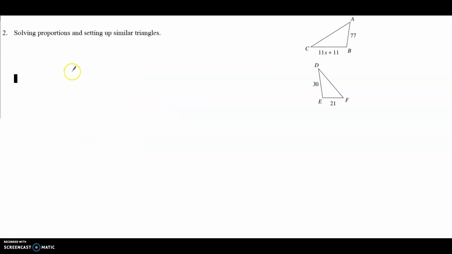And then for the second problem, we're going to solve proportions by setting up similar triangles. All right. So here, it looks like these 2 triangles aren't similar. We're going to assume that they're similar, and sometimes it might help if you just redraw them in the same orientation. So I'm going to take this smaller triangle and redraw it in the same orientation as this larger triangle.